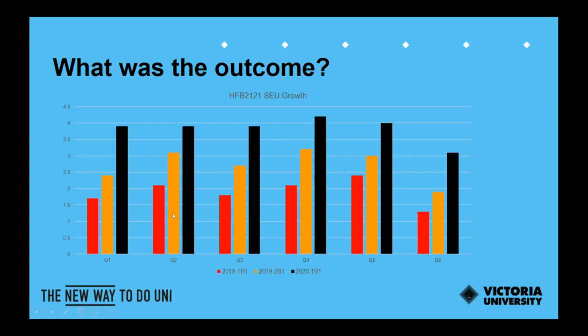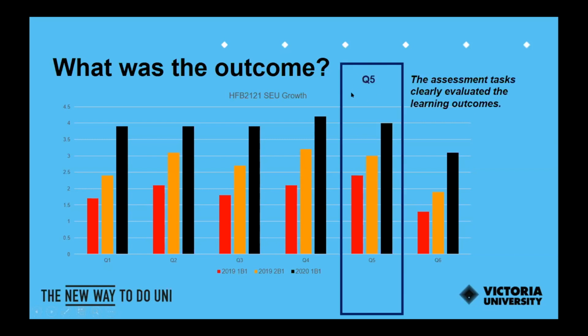You can see an obvious increase across the board, but the significant question that I wanted to draw your attention to is this one, question 5, which really asked whether students thought the assessment tasks clearly evaluated the learning outcomes.